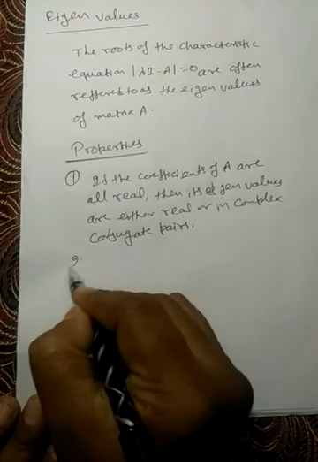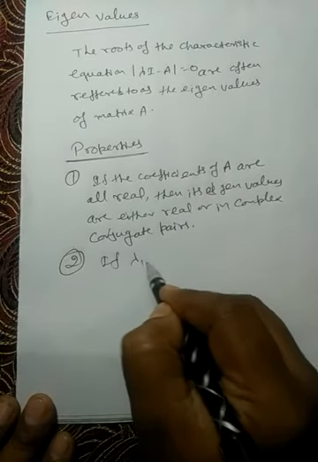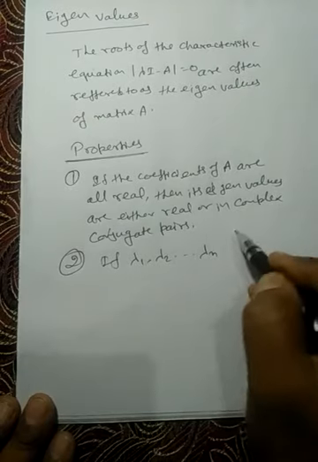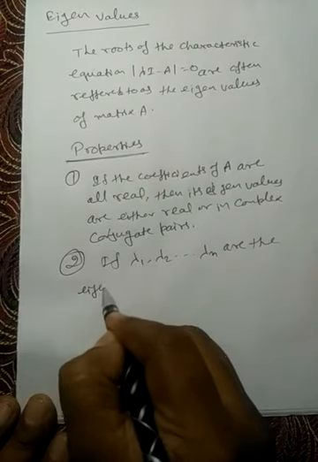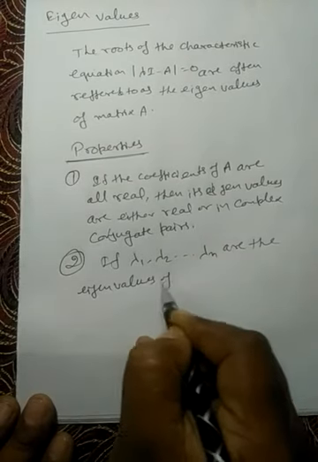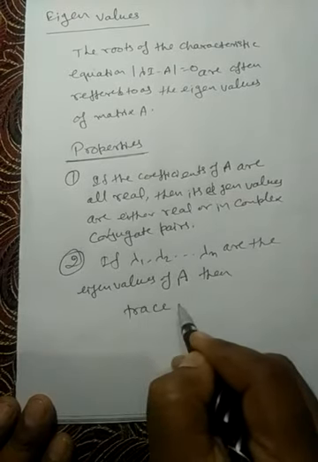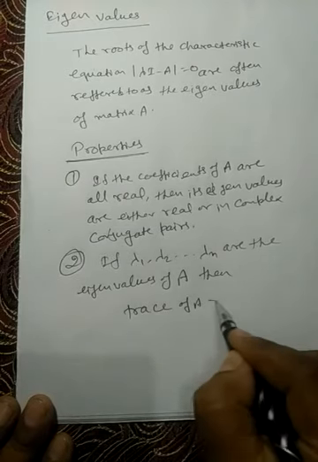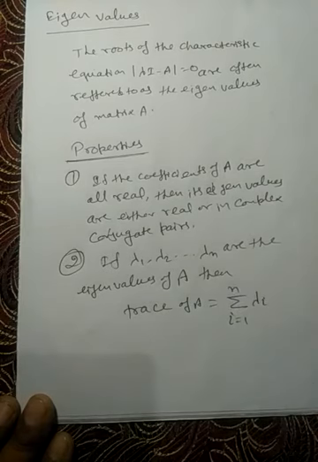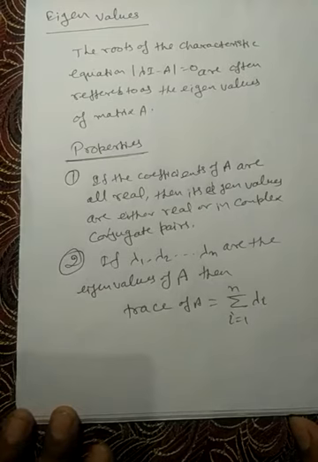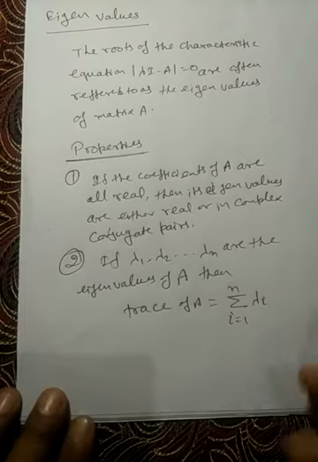Second property: if lambda 1, lambda 2, up to lambda n are the eigenvalues of matrix A, then trace of A will be the summation i equals 1 to n of lambda i.